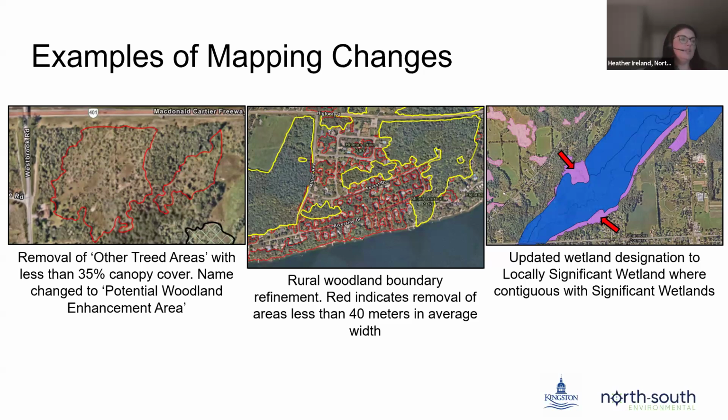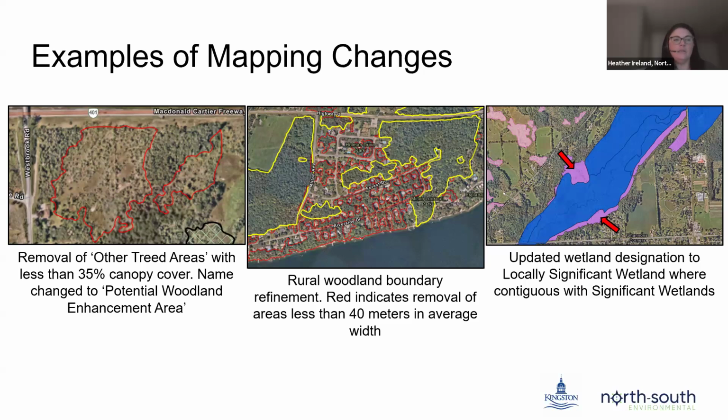The next image is showing some refinements of the rural woodland boundary around rural residential areas. These were areas that saw reduction in the hedgerows that were less than 40 meters in average width. This again was criteria direction from the Natural Heritage Reference Manual provided by the province.